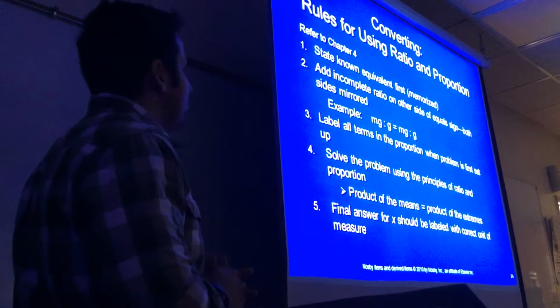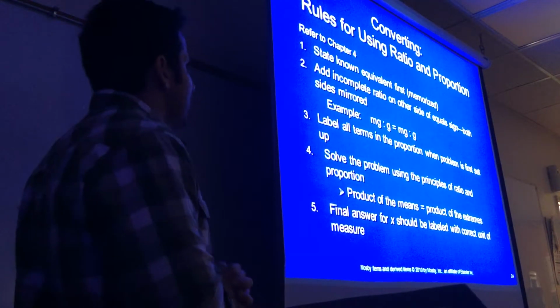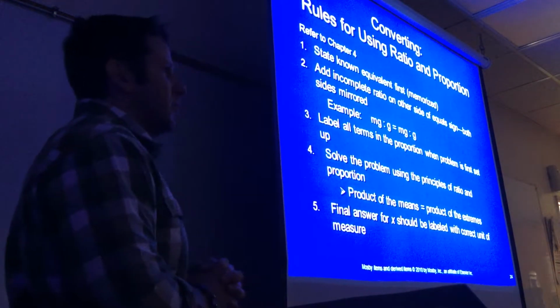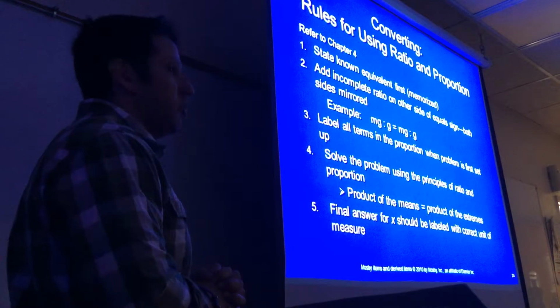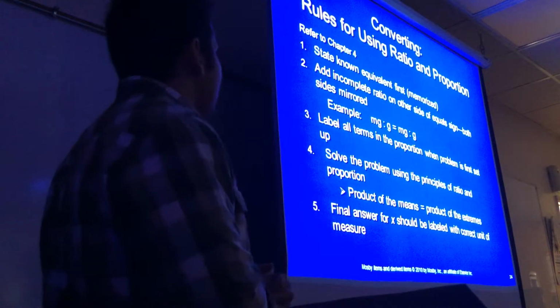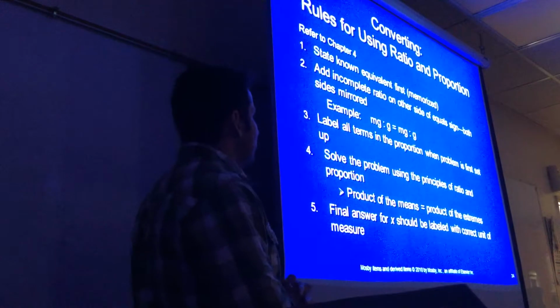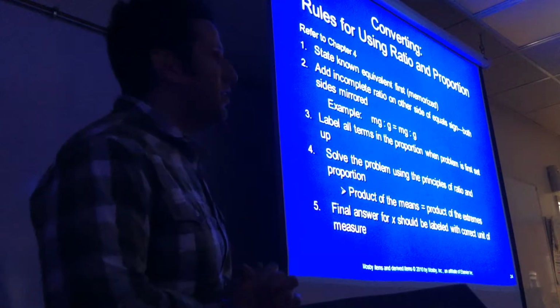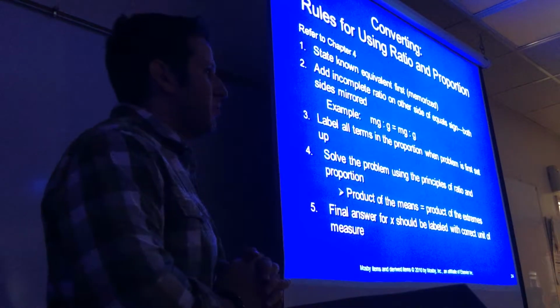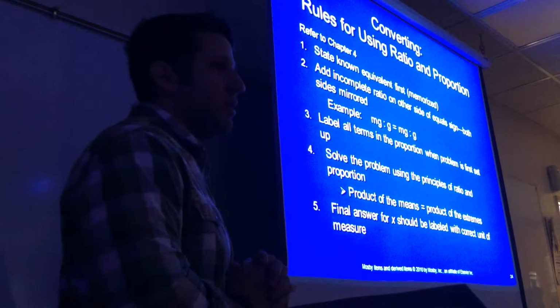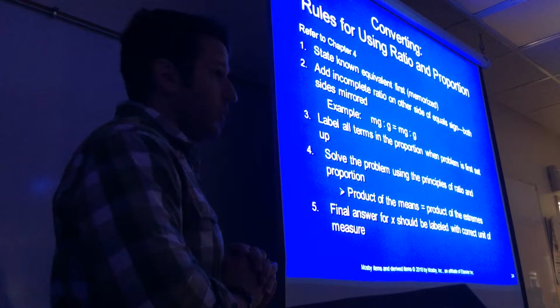Make sure that you label all the terms in the proportion when the problem is first set up. That way, when you cancel out, you are left with the appropriate unit, okay? And solve the problem using principles of ratio and proportion. I don't like the means and extremes. I like to put them in fraction form and cross multiply and divide. That is the way that I like to do it.